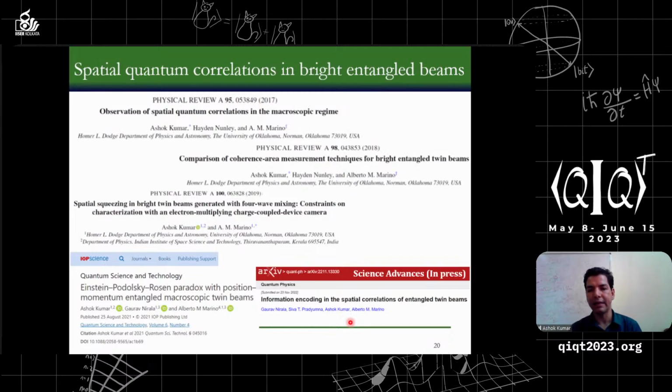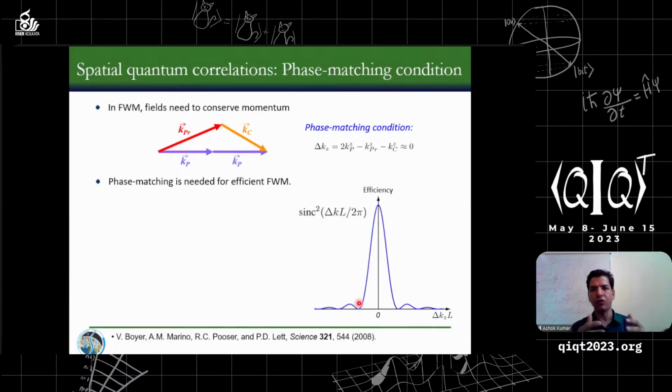That is now in Science Advances, so hopefully in a couple of weeks it will be out. With that, I would now like to focus on how we study spatial quantum correlation properties in our system.